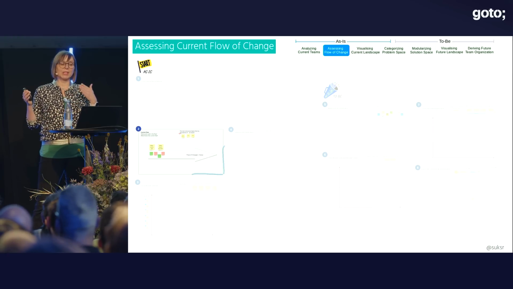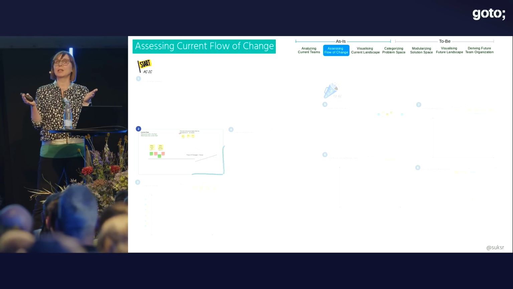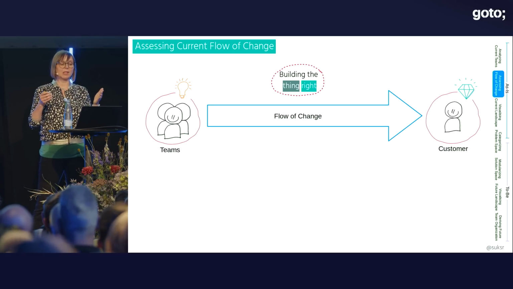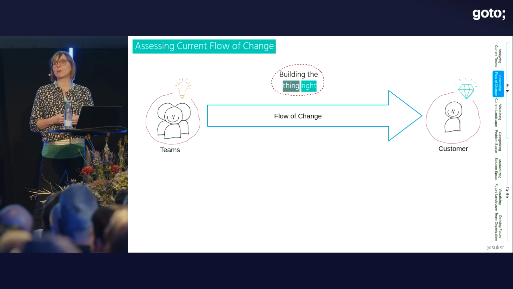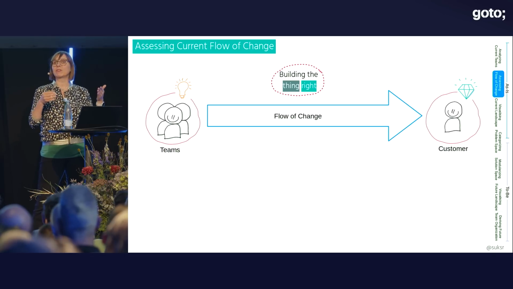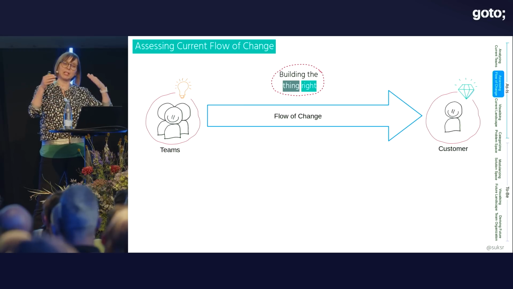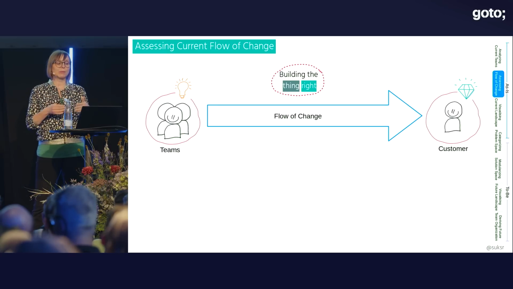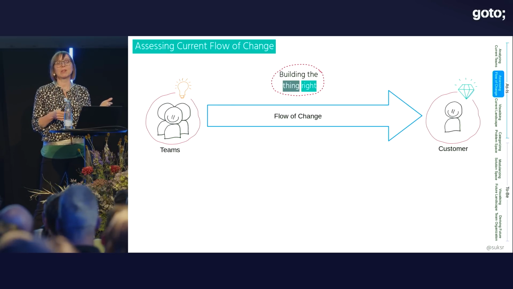So coming from the team overview, the next step is assessing our current flow of change. And to build the thing right, we need to optimize for a fast flow of change, where a piece of work or piece of change flows through our system from idea to delivering value to our customers with minimal interruptions and minimal bottlenecks.